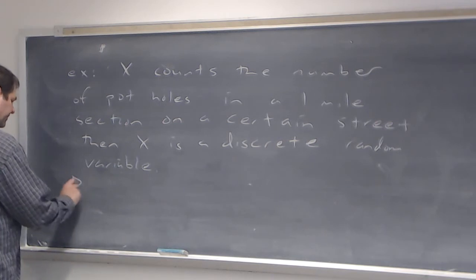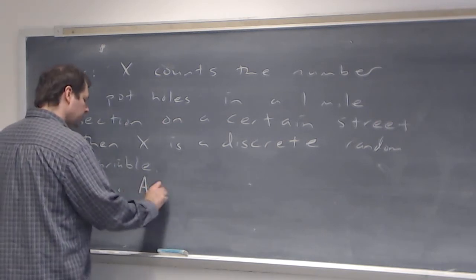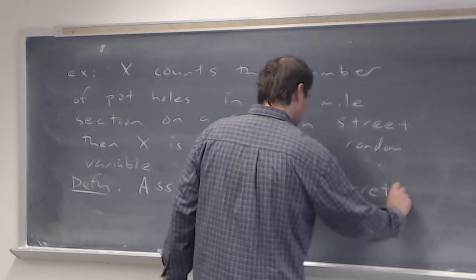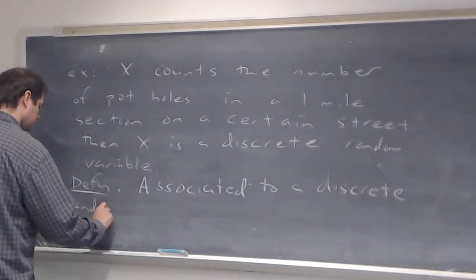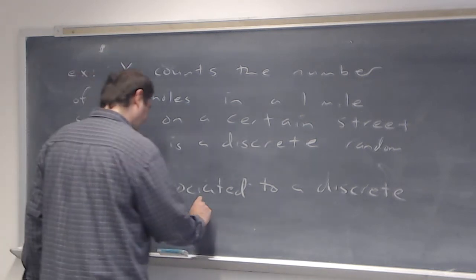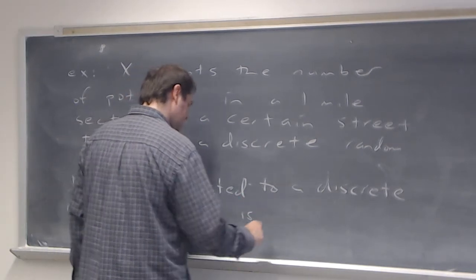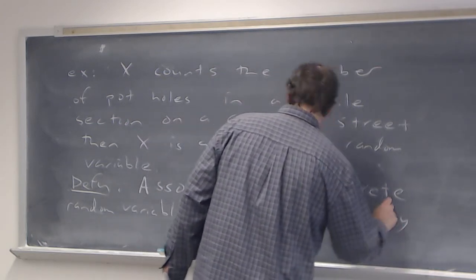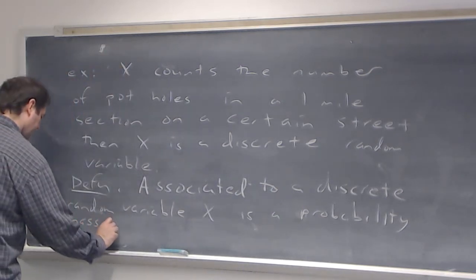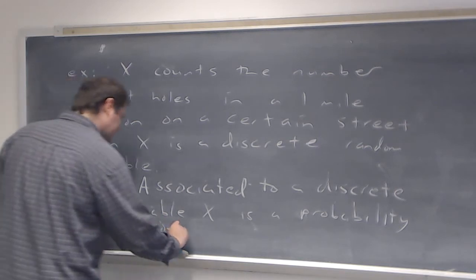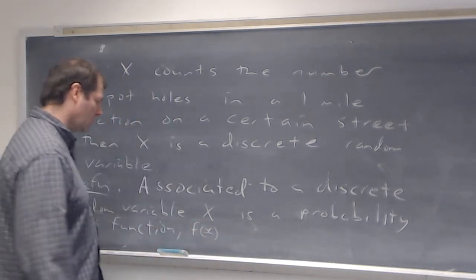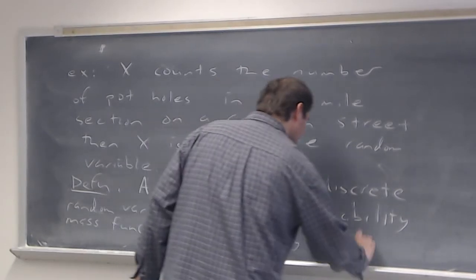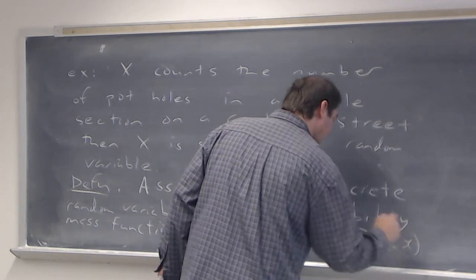And so, as a definition, associated to a discrete random variable X is a probability mass function, and it's called f of little x, okay, given by f of little x is equal to the probability that the random variable is equal to little x.